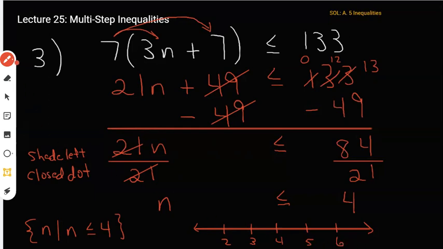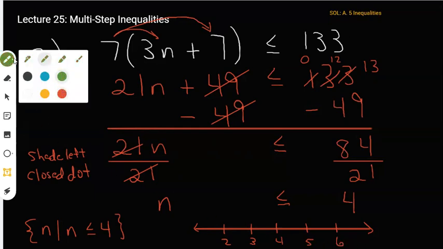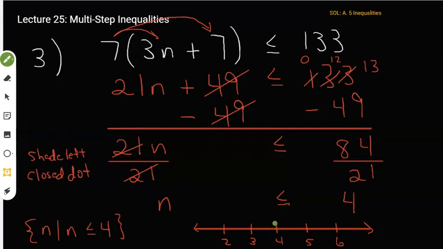And I'm going to change my color to green. So I can put a closed dot on the 4. Make sure you shade in that closed dot. That's what it means to be closed. It's shaded in. And then since this arrow is pointing to the left, I need to shade to the left. So it's going to look like this.